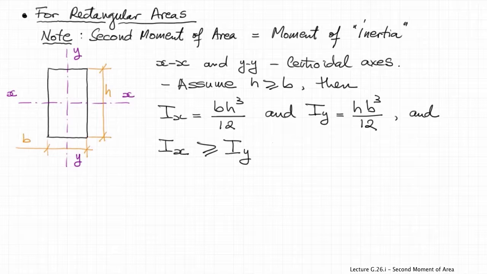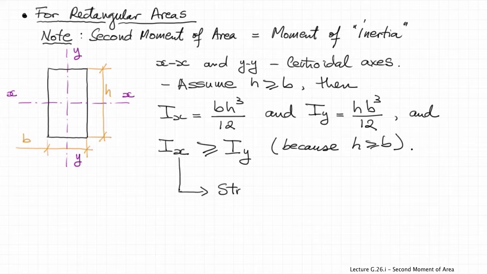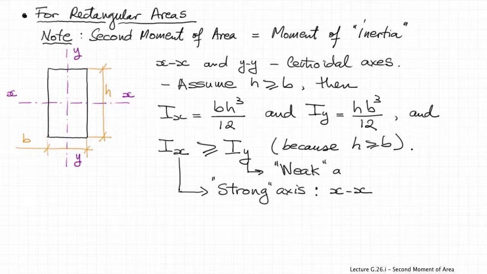And then Ix will be larger or equal than Iy because h was larger or equal than b. So therefore, by convention, we will always assume, it's a convention, that h is larger than b, so hence always Ix will be larger or equal to Iy.